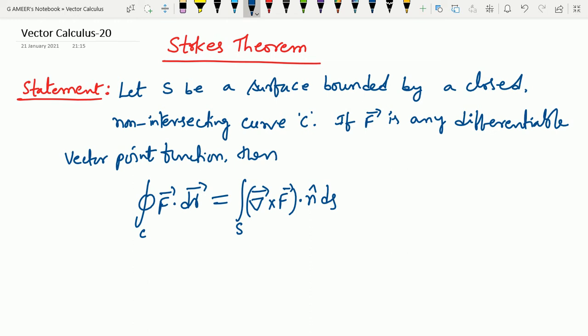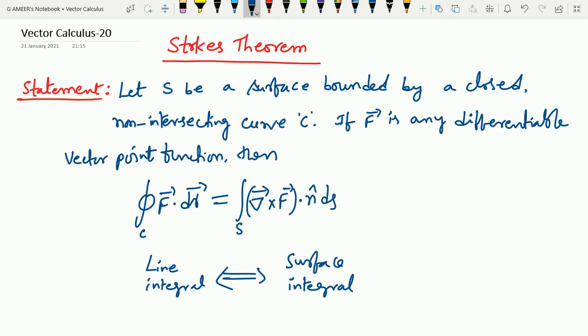Okay, that means we are converting a line integral into a surface integral, or otherwise a surface integral into a line integral.